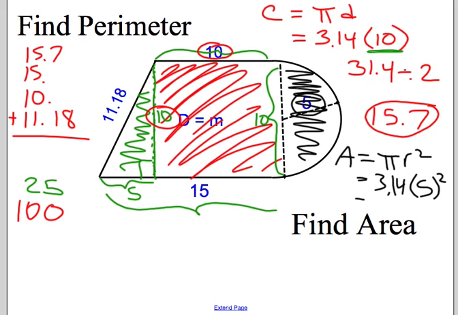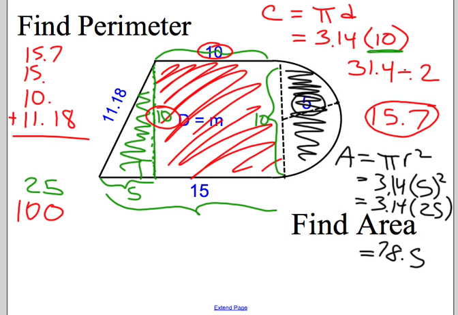Square that. 3.14, 5 squared is 25. Get your calculator. I told you you can use your calculators for the arithmetic on these circles. So I'm going to take 3.14, and do use 3.14. Don't use the pi amount on your calculator. Just type in 3.14 times 25 gives you 78.5.